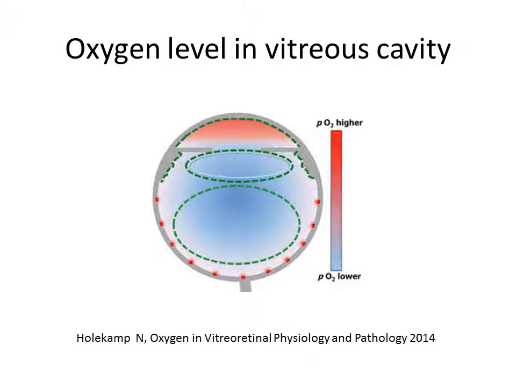In the middle part of the vitreous there is a very low level of oxygen saturation, which protects the lens, because oxygen creates progression of cataract and the other consequences which have been shown as clinical consequences.